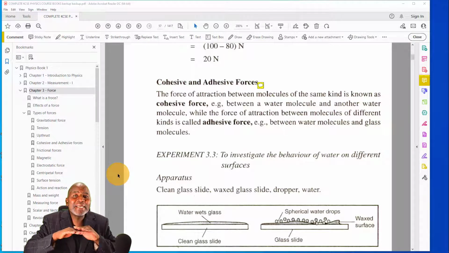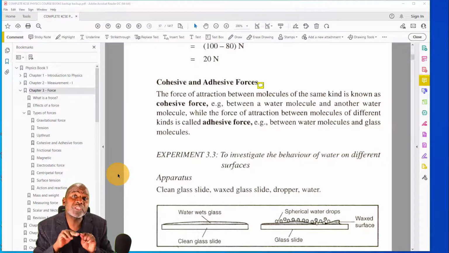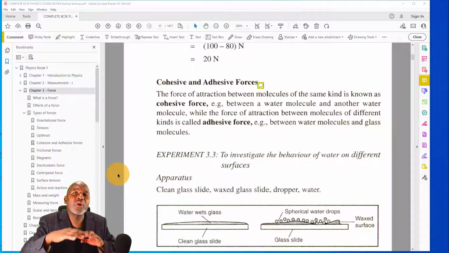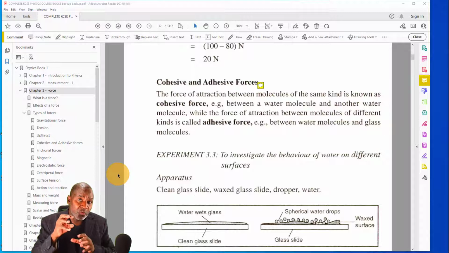On a clean glass surface, when the drop spreads, it means that the adhesive forces, the forces of attraction between glass molecules and water molecules, are greater than the cohesive forces between the water molecules. So we are going to have more water molecules wanting to be in contact with the glass, and that is why the drop spreads.